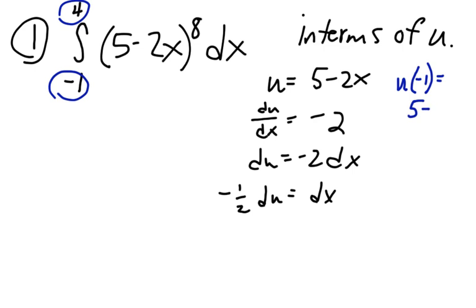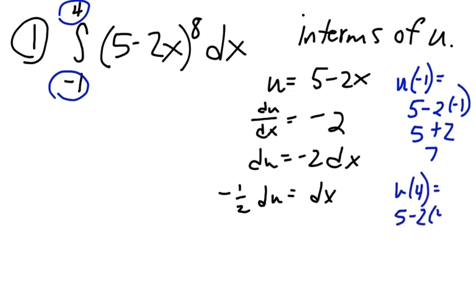So it's going to be 5 minus 2 times -1, which is 5 plus 2, which is 7. So my -1 is going to change into a 7. And now the 4. U of 4 is going to be 5 minus 2 times 4. So I'm plugging my upper limit in for the x in my u equation. So this is going to be 5 minus 8, which is -3.